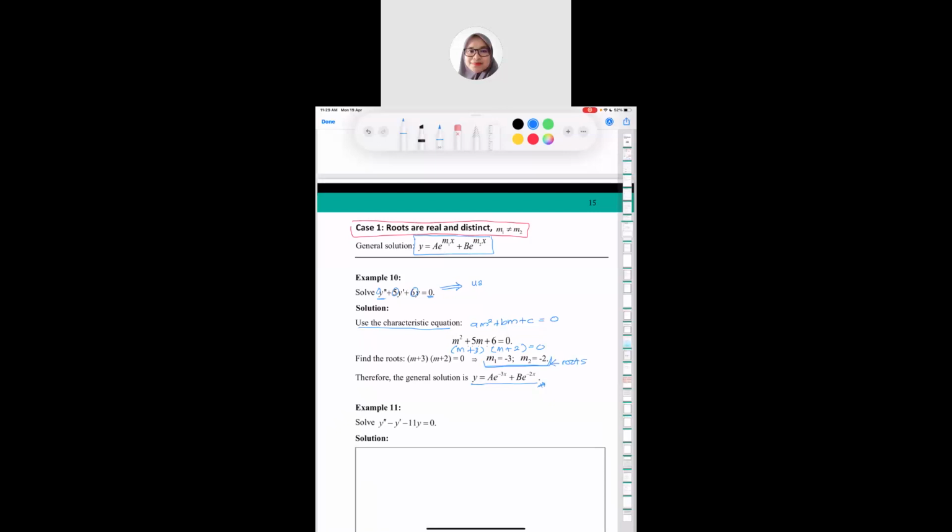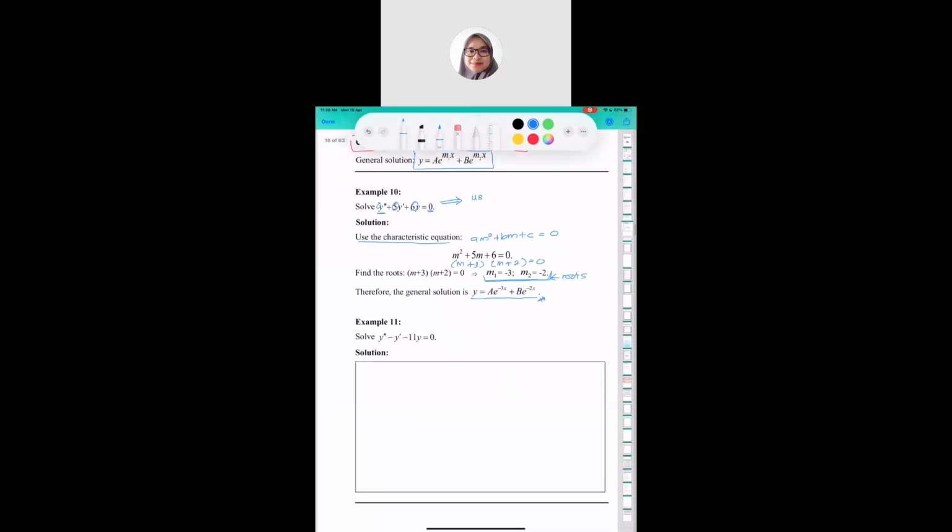Biasanya soalan takkan suruh you solve second homogeneous sahaja. Dia akan bagi non-homogeneous. Tapi dalam non-homogeneous, you kena tahu macam mana nak selesaikan homogeneous equation. So we will use this one as well in non-homogeneous equation. So kita try example 11. You try buat.